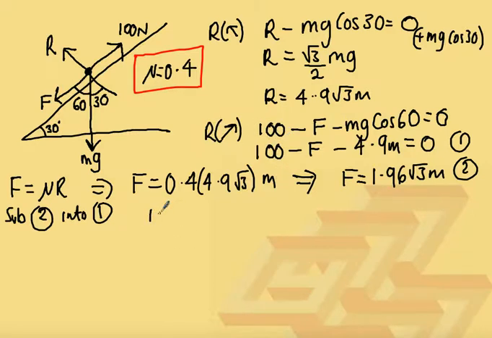So now what I have is 100 minus 1.96 root 3 m minus 4.9 m equals 0. And what's really important here is that you remember that we've got this equation F equals mu R.